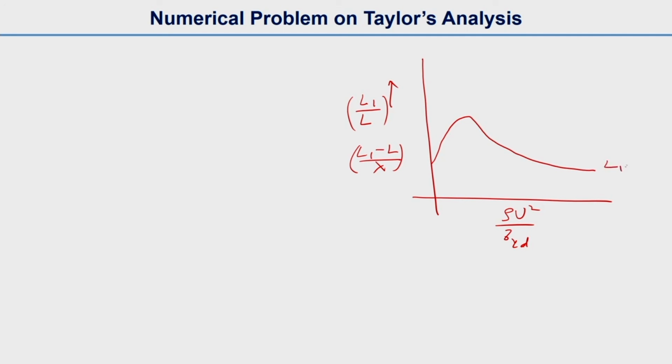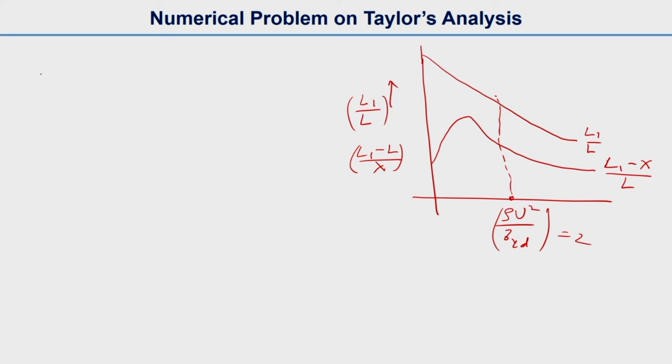This curve is (L1 minus x) divided by L will look like this, and then L1 by L will be something like this. So if you see that figure from the book, if the value of this term is equal to 2, you can find the values of this and this.